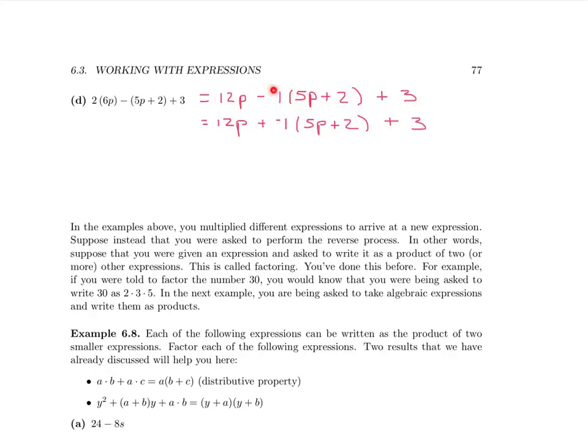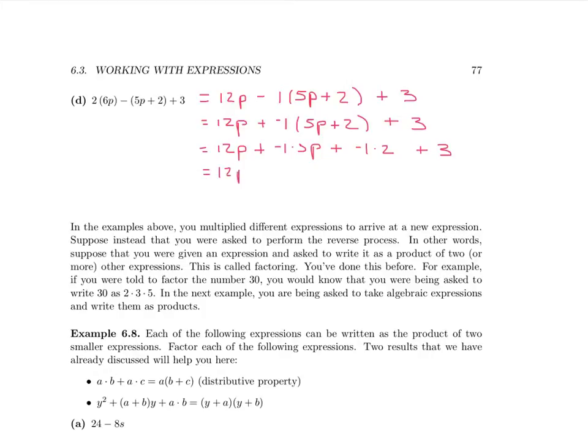So the subtraction, when I turned it into addition, gave rise to a negative, and the negative got attached to the 1 that I put in here. So now the negative goes wherever the 1 goes. So 12p plus. For me to simplify this, I need to use the distributive property. So I take negative 1 times 5p plus negative 1 times 2, and then I add 3.